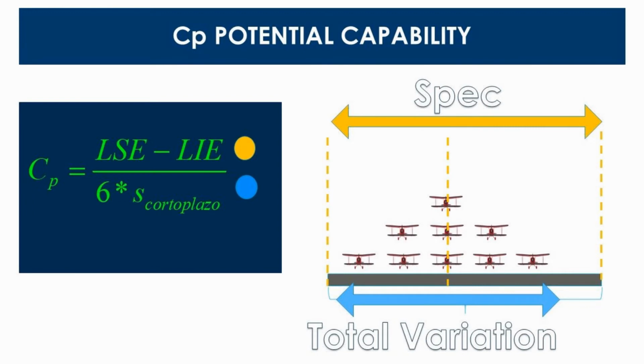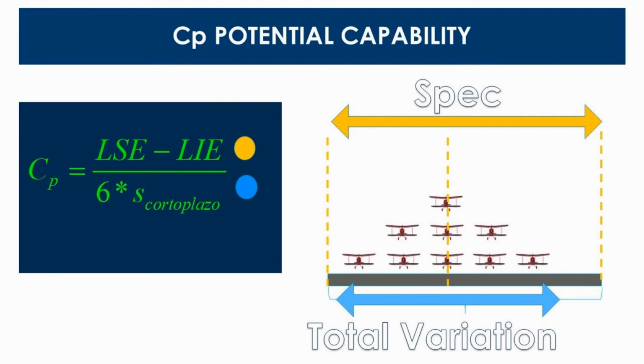In the example of the plane, you are flying and you know your variation and you know the size of the track in the aircraft carrier. So even if you don't see the aircraft carrier yet, you know if your variation fits inside the spec. That is why it's called potential capability.